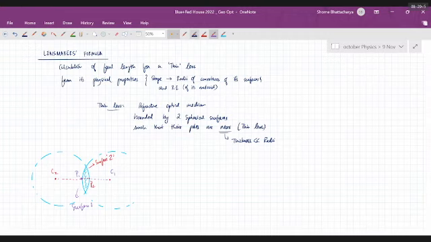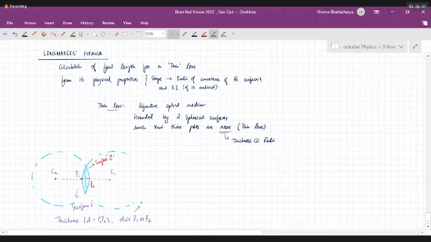So we can take the thickness, say d, equal to the distance P1P2. D is very small compared to R1 or R2, where R1 is P1C1 and R2 is P2C2. So this is an example of a biconvex lens.